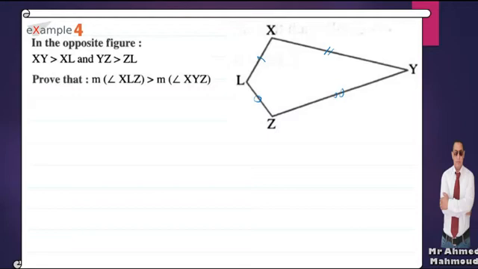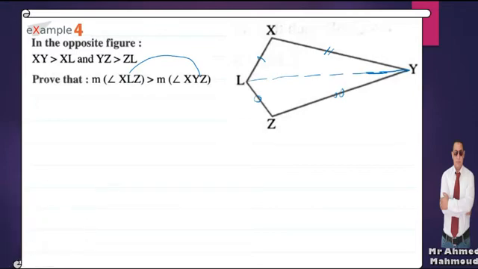Then I will connect angle L and angle Y like this. Now I have two triangles, triangle XYL and triangle YLZ.